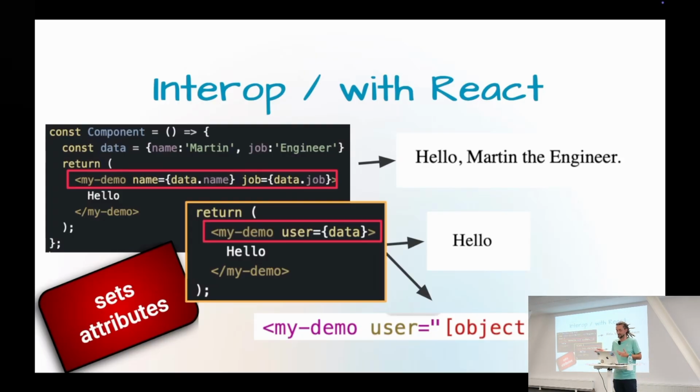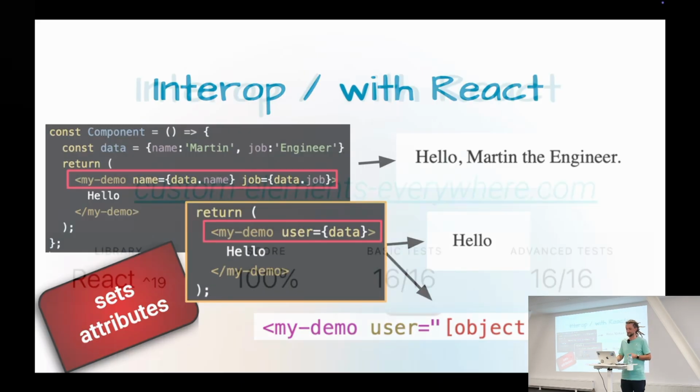And when you take a look in your DevTools, you're going to see the output being printed out, user equals object Object. Yeah, that doesn't work, React. Thank you very much. Why is this? Because if React doesn't know a particular element, it will by default emit attributes and stringify them. So this is completely broken.